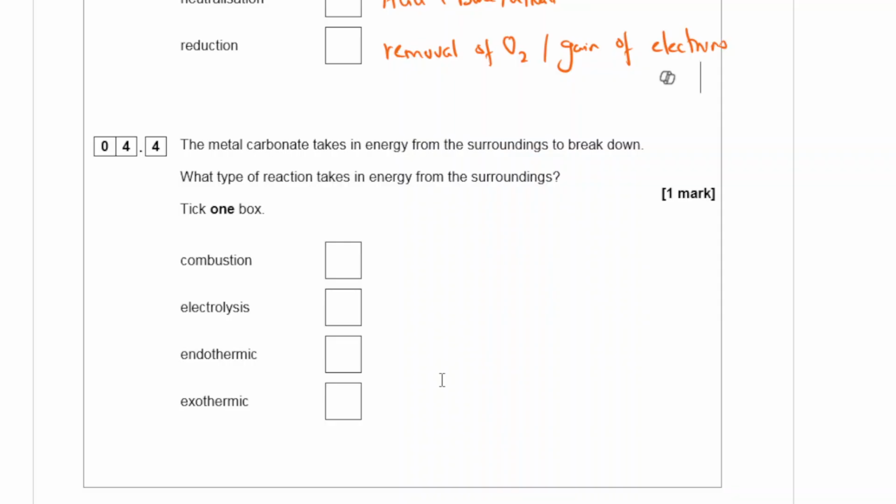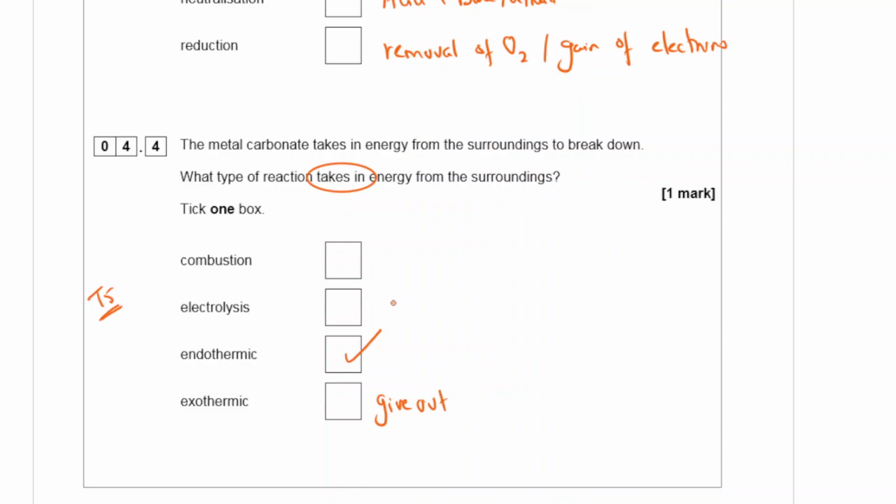Now this question is to do with topic 5 on chemical energy changes. If it takes in energy, then it's endothermic, right? Exothermic is when it gives out energy.